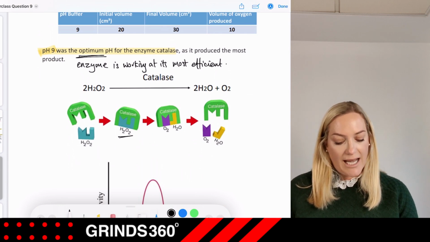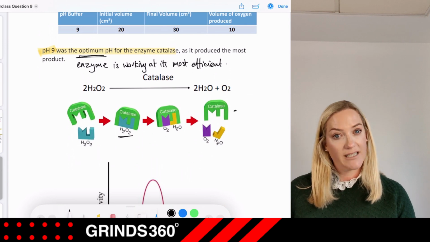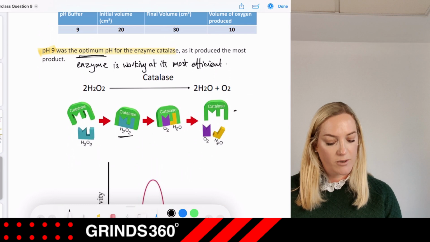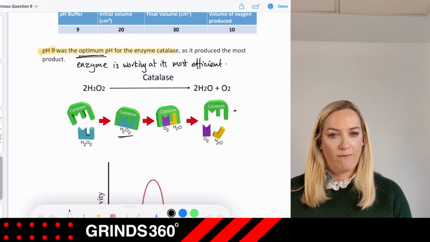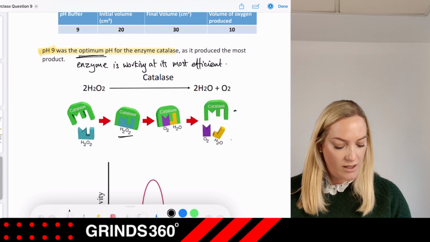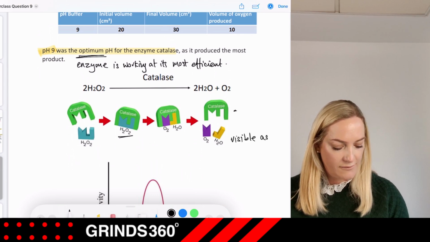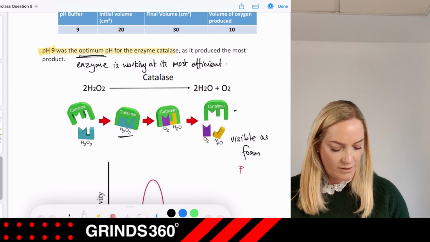And at the end, our active site is going to go back to its original shape. The enzyme stays the same. And now we have our product. What is your product? Oxygen and water, visible as foam. That's your product.